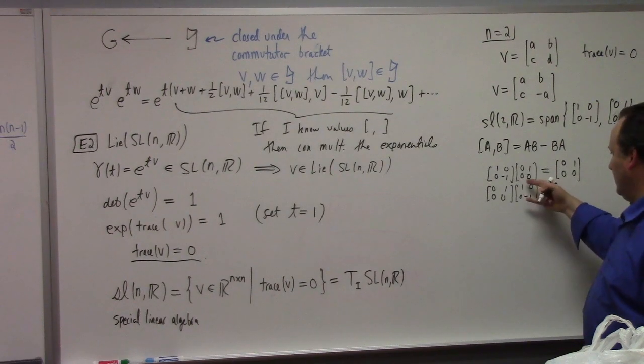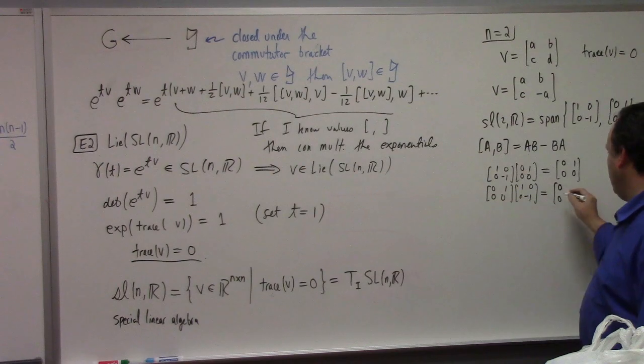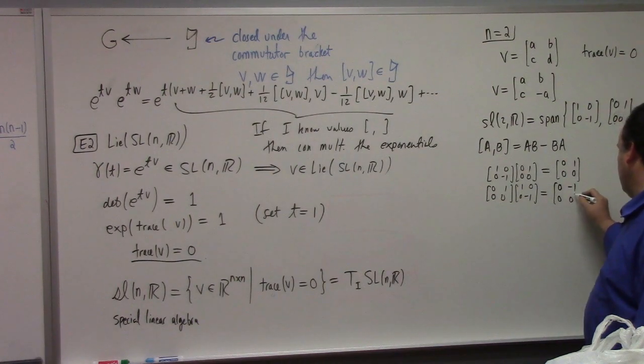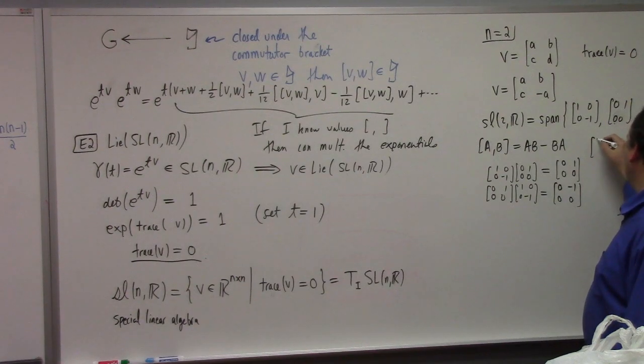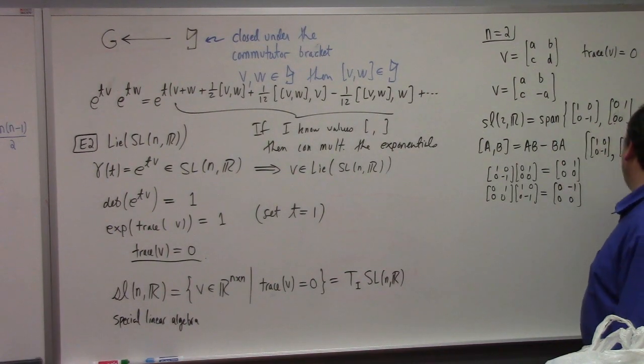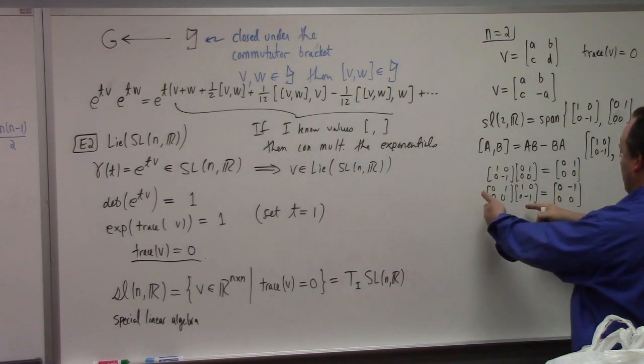This one, I get 0, 0, and I get minus 1, 0. So when I calculate the commutator of 1, 0, 0, minus 1 with 0, 1, 0, 0, I get twice 0, 1, 0, 0. I think twice. Did I do it right? AB is that, and then minus BA.